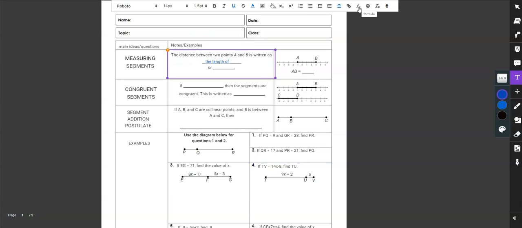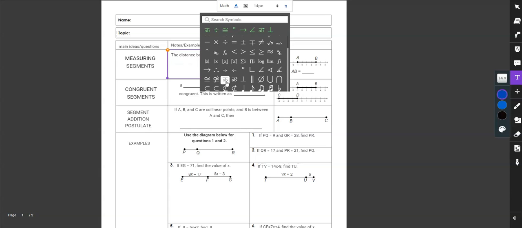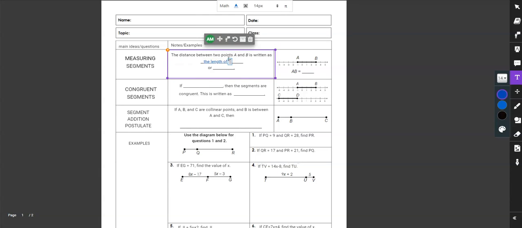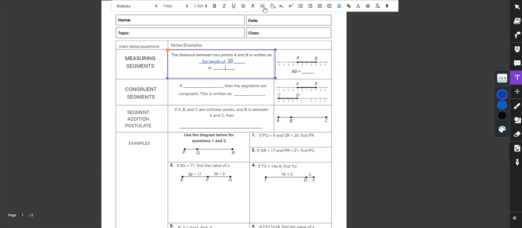To put in that segment, we go to our formula tool, click pi, scroll down to where it says segment, and click the pi button again to make it go away. Then I put the letters AB under that line. So the length of segment AB, or we also generally represent it simply as AB. Whenever you see AB without any notation over it, it means the length of segment AB.